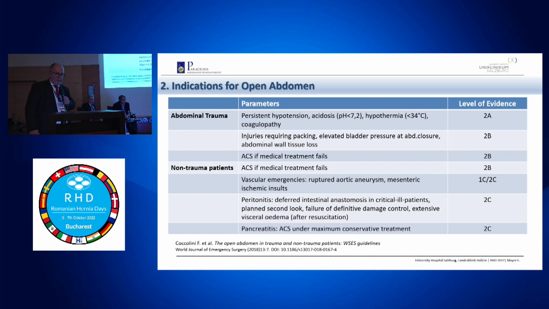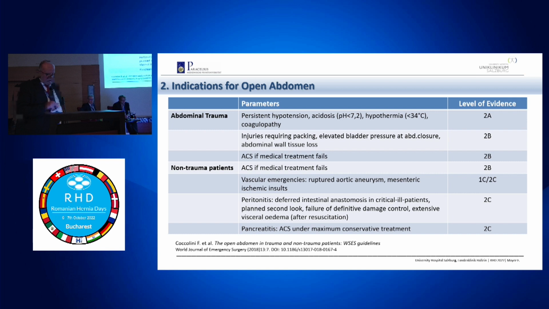Indications for an open abdomen are mainly abdominal traumas or non-trauma patients. Abdominal traumas require, in many cases, some techniques of packing, elevated blood pressure, elevated bladder pressure when you close the abdomen, or you might be confronted with patients with severe abdominal wall tissue loss. Or you might have an abdominal trauma patient who develops in the further course some kind of abdominal compartment syndrome.